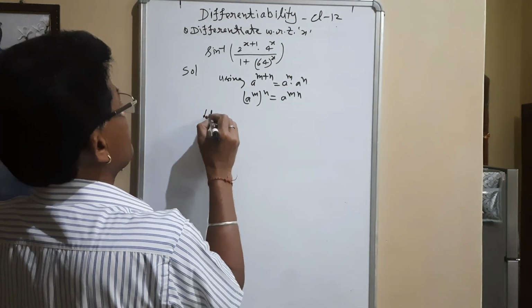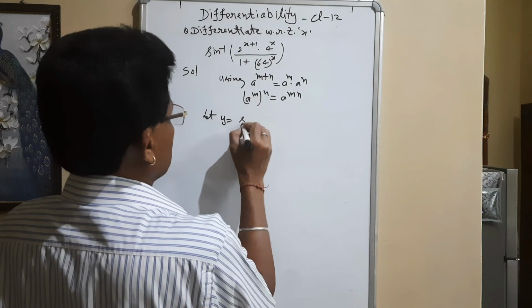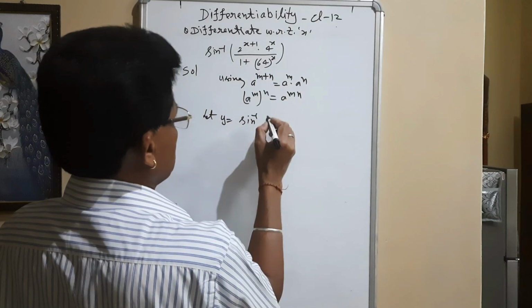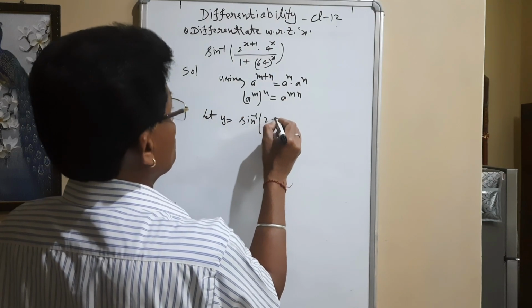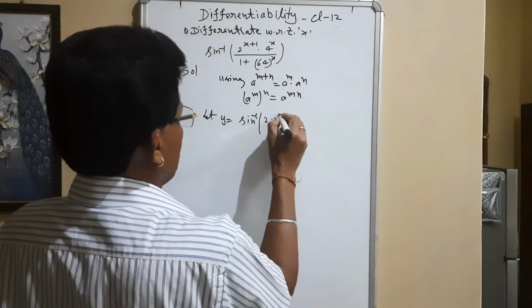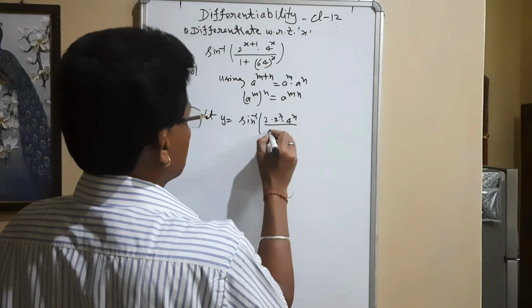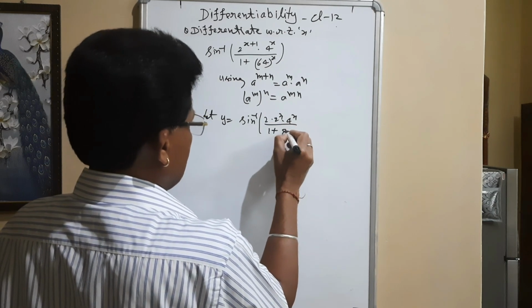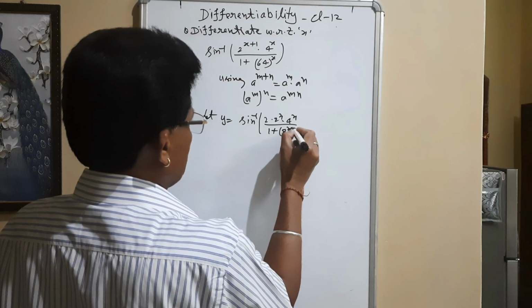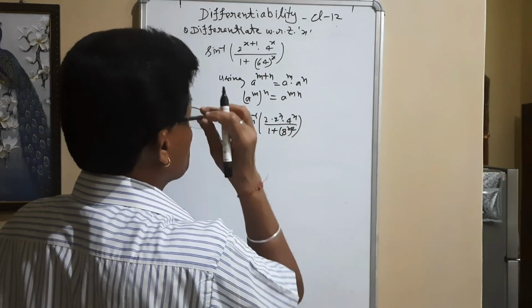Now let y is equal to sine inverse, but I will break the thing: 2 into 2 to the power x into 4 to the power x divided by 1 plus (8 to the power x) to the power 2. Most important question, my dear student, you must concentrate over here.